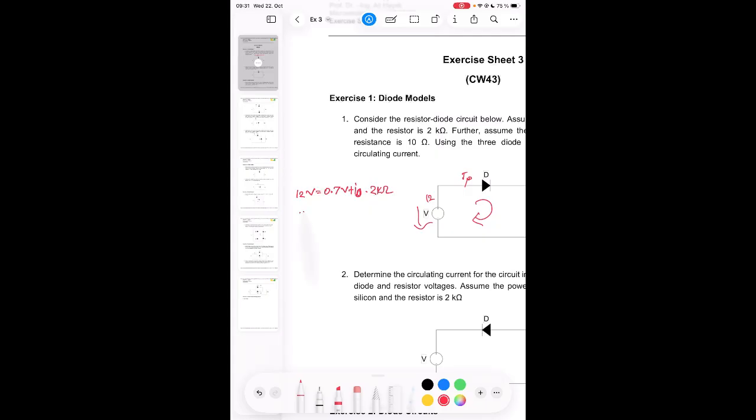Very important, all of this is the diode: the resistance, the constant voltage source, and the switch.